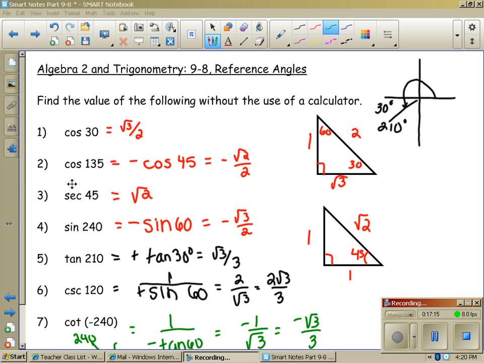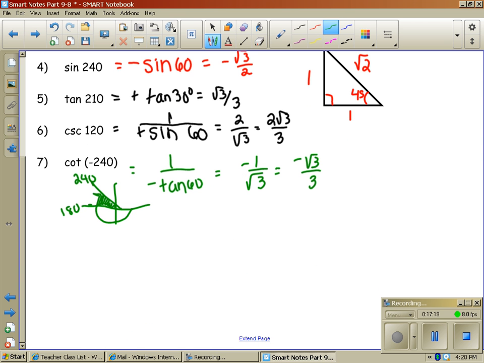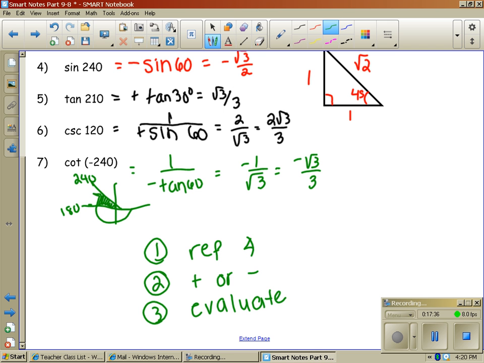And then evaluate. So reference angle, positive or negative, and then evaluate. If it's a reciprocal function like cosecant or cotangent, you do all these steps, but then when you evaluate, we flip it, we take the reciprocal.